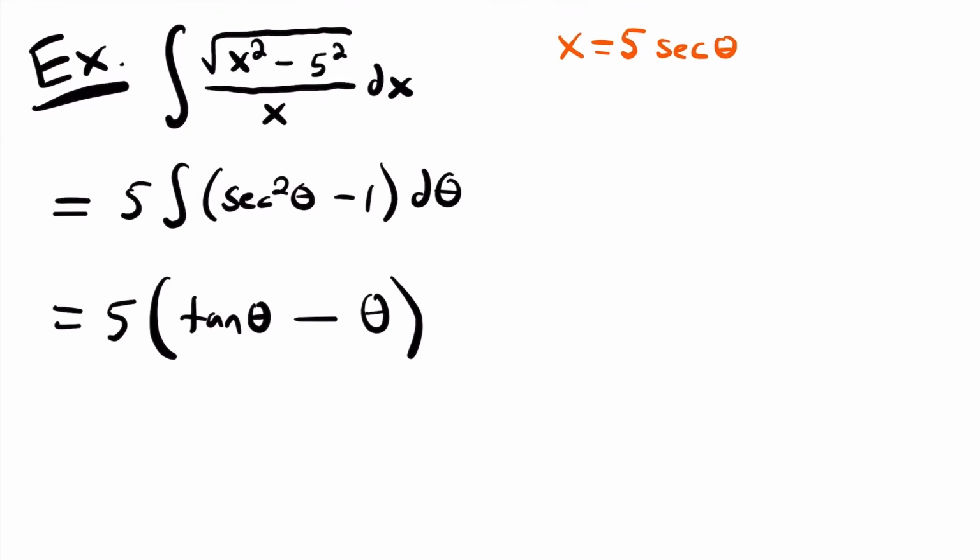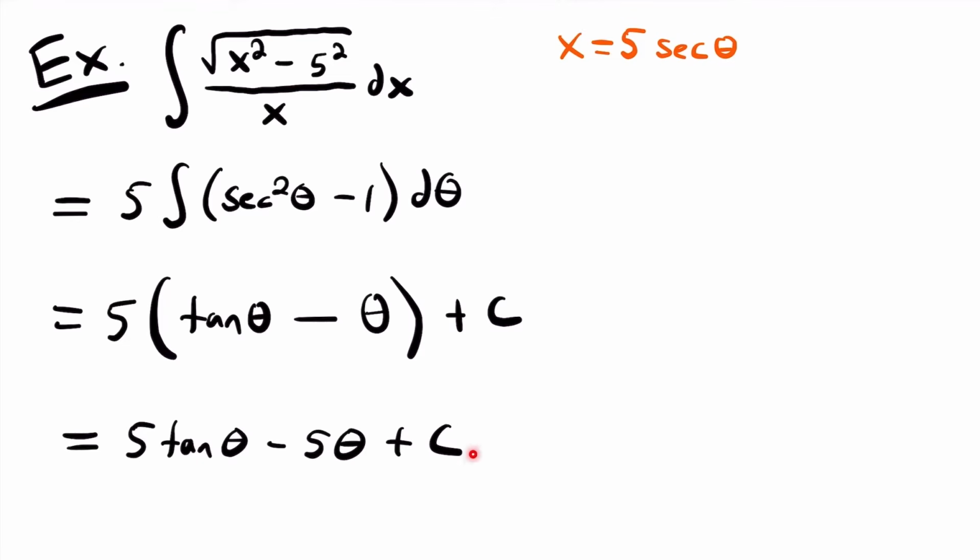And then we will close that, and then don't forget to add plus c. And so then if I distribute 5 through each of these terms, this is equal to 5 times tangent theta minus 5 times theta plus c. And now this is the solution to our integral, but in terms of theta.